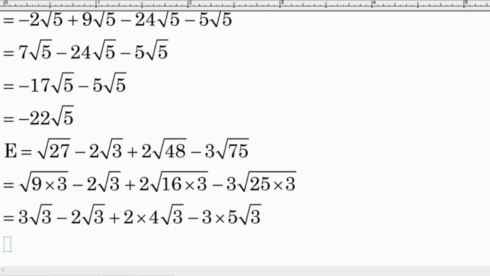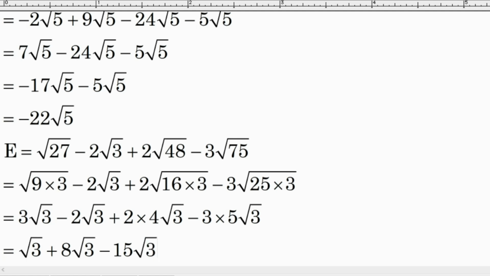Okay, and then equal to, so now we got 3 square root of 3 minus 2 square root of 3, so that will be equal to 1 square root of 3, so we can write square root of 3 only. Okay, and then plus 2 times 4, which is equal to 8, that will be plus 8 square root of 3, and then minus, so we got 3 times 5, which is equal to 15, that will be 15 square root of 3.